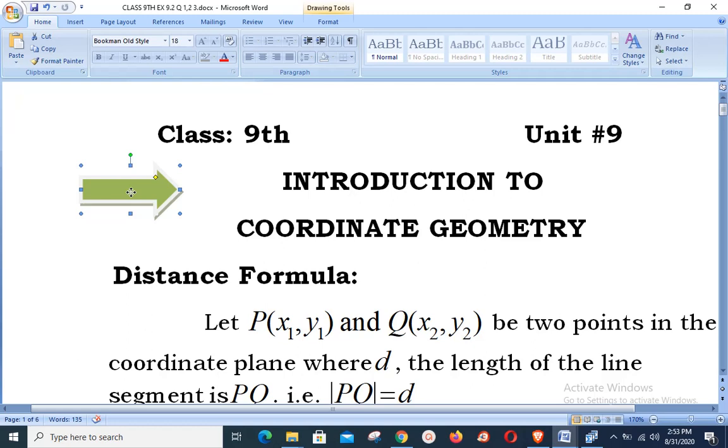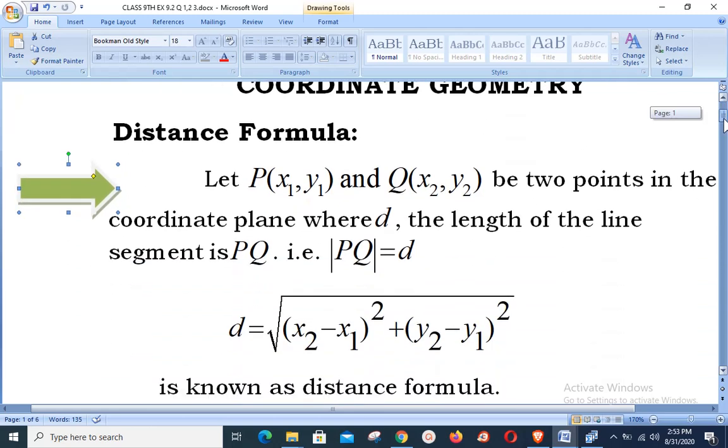Knowing about this, we move to the next rule, named the distance formula, that will be utilized mostly in this unit number 9. It says that let P(x1, y1) and Q(x2, y2) be two points in the coordinate plane, where D, the length of the line segment PQ, that is absolute PQ, is equal to D. Here, viewers, the absolute symbol is utilized because distance is always positive.